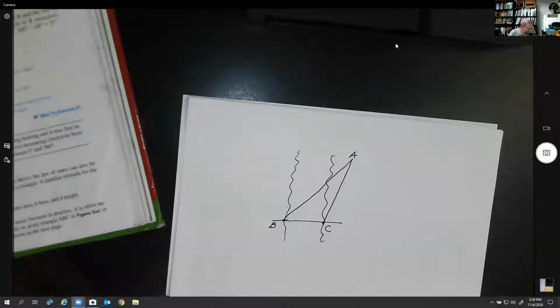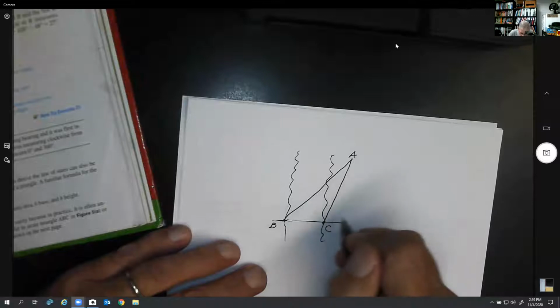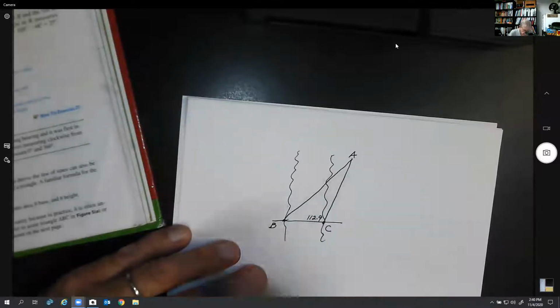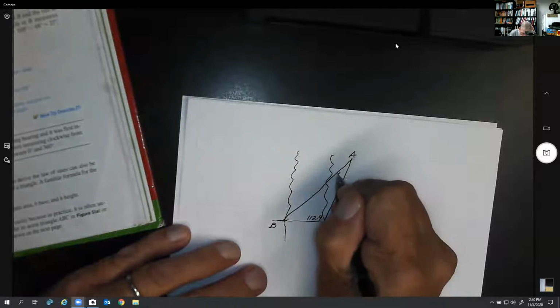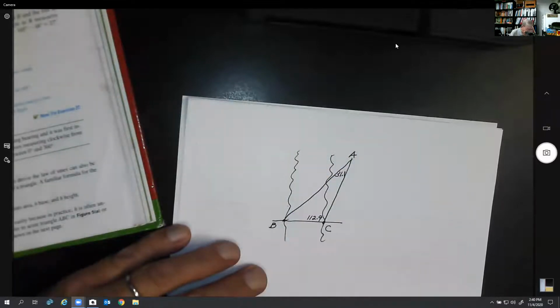Okay, and they want us to figure out, let's see, what else do we know? We know angle C is 90 degrees. We know that angle A is 31.1. And we're trying to find angle B here.